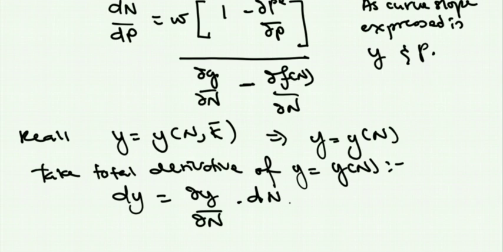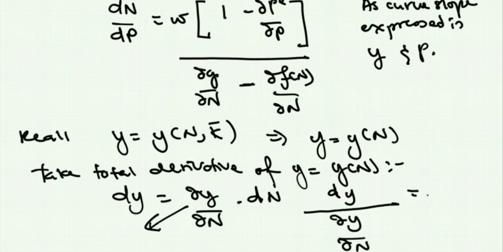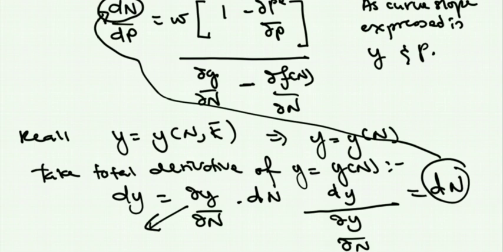Okay, then you cross multiply this, then you can have dy divided by delta y over delta n equals to dn. Alright, now you see this, substitute this back into this.